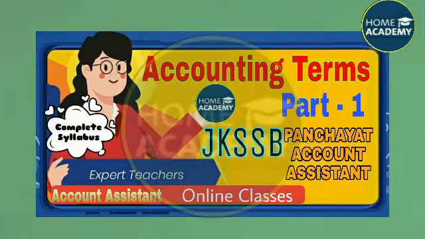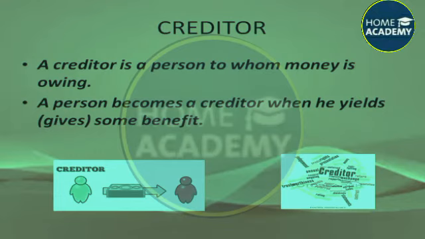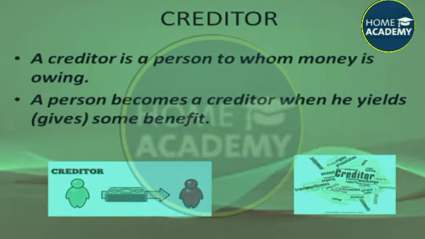Next is creditor. A creditor is a person to whom the business owes money on account of credit purchases. Many times the business buys and purchases raw material but does not give an immediate cash payment. So, to these persons the business owes money on account of credit purchases.